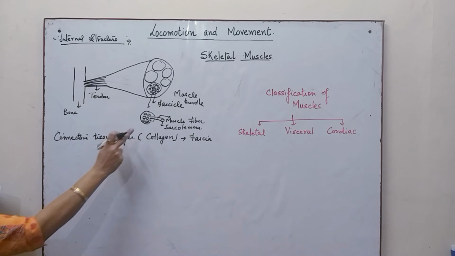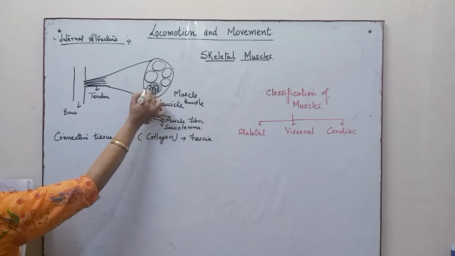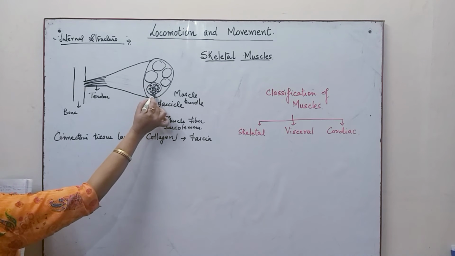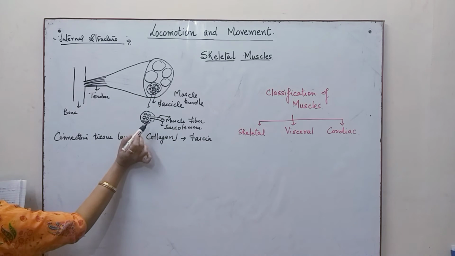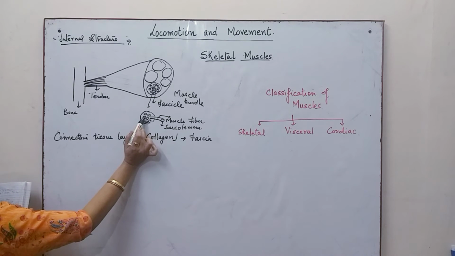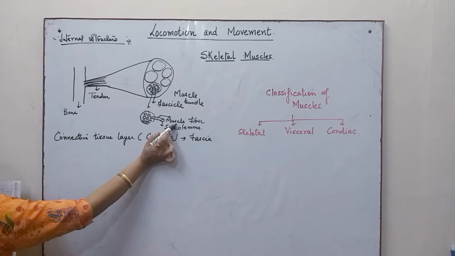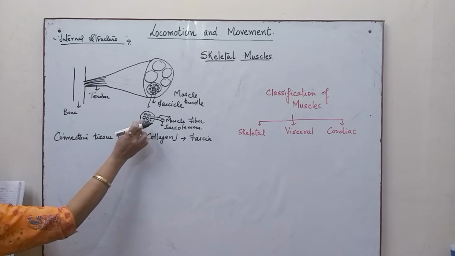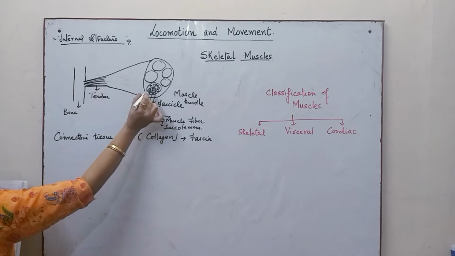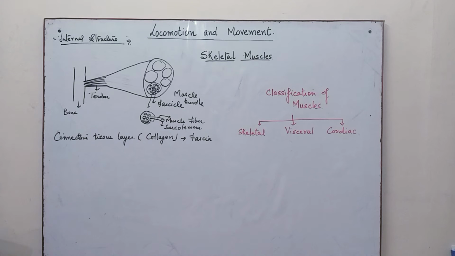Now, each of this fascicle, because this is the structure, each bundle, this is fascicle, and inside you can see several dots, and each of these smaller circles is a muscle fiber. Each fascicle therefore has, as you can see over here, several muscle fibers.